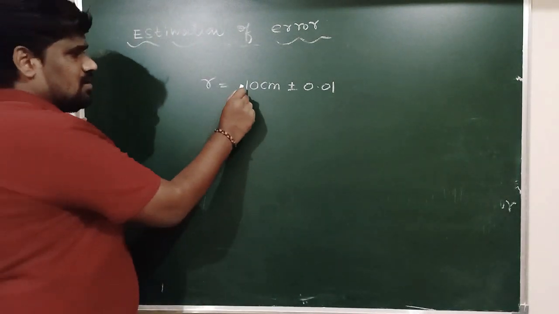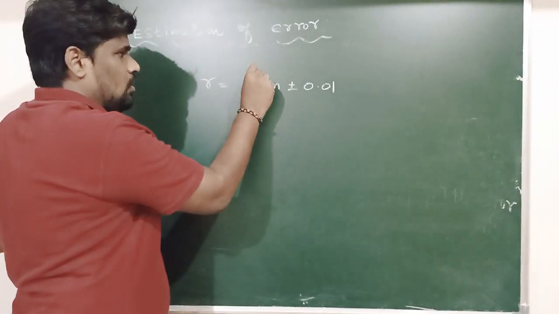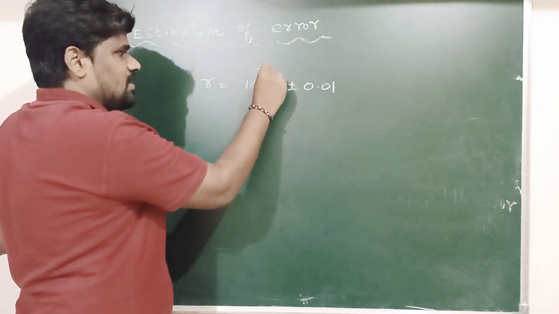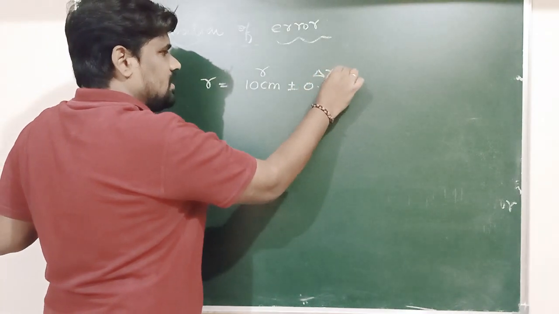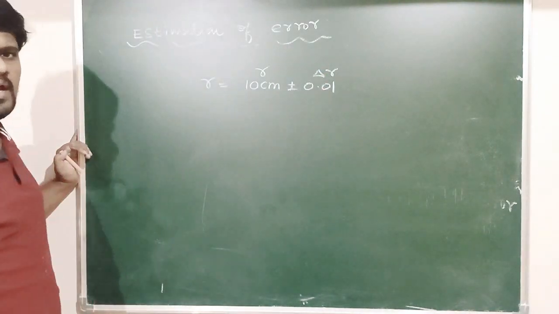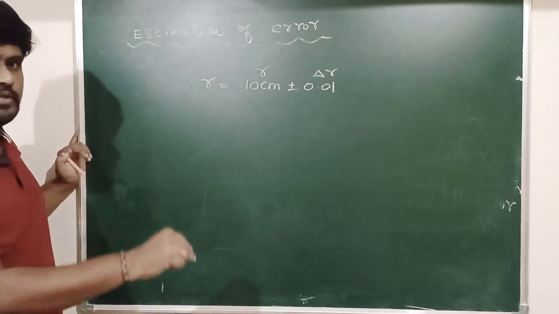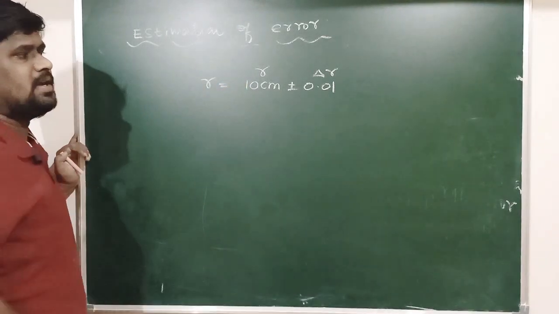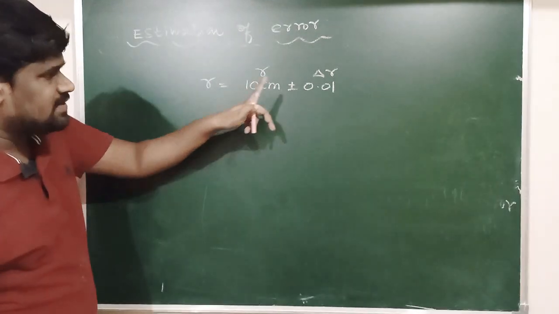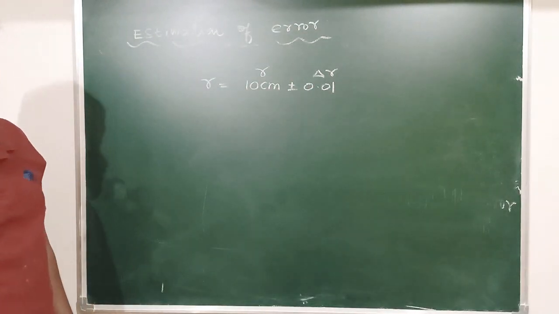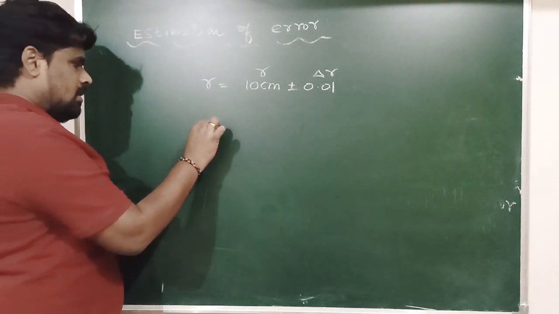The first value we call the true value of the radius, and this is called delta r. This delta r is the absolute error in the measurement of the radius. Now tell me, what is the relative error here?